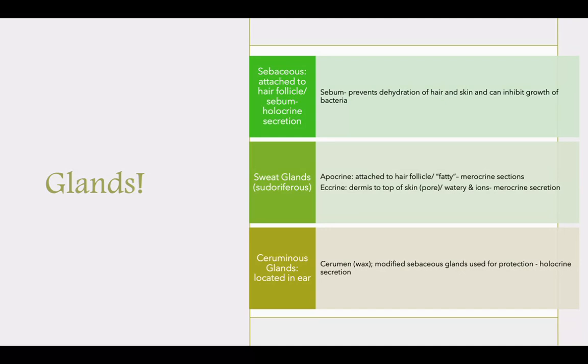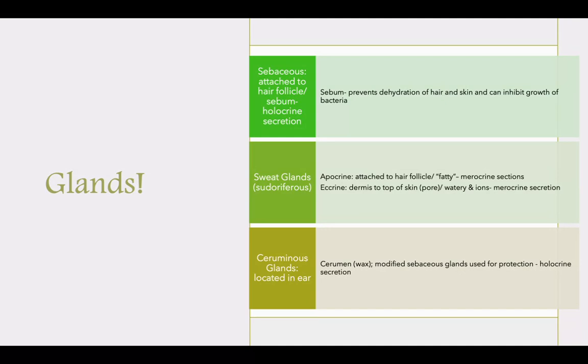Then we have apocrine sweat glands. These are always going to be associated with a hair follicle as well. They're not necessarily attached to the hair follicle like a sebaceous gland is, but they will secrete their sweat through the hair follicle opening. Apocrine secretions are very different from eccrine secretions.